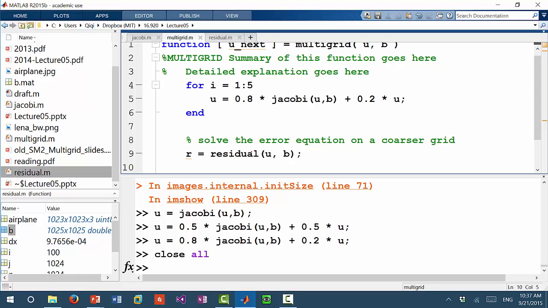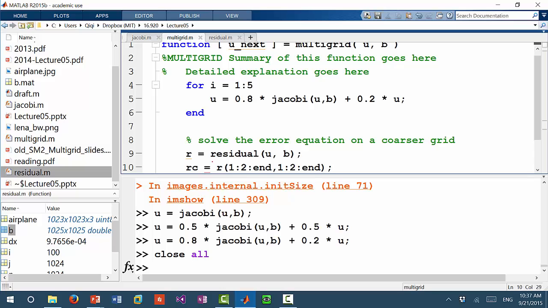That's called an interpolation operator, or interpolation from fine to coarse. So RC, C means coarse, is equal to R of 1 to end, 1 to end.